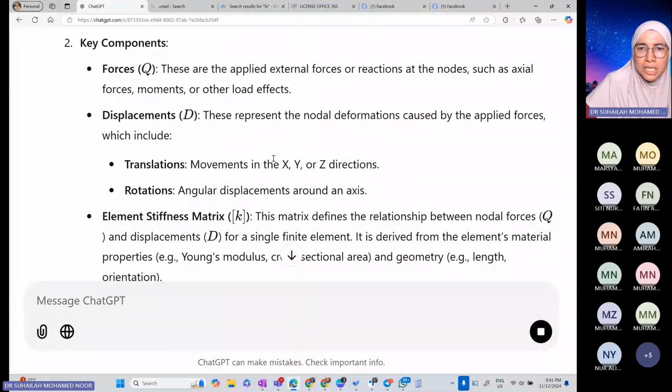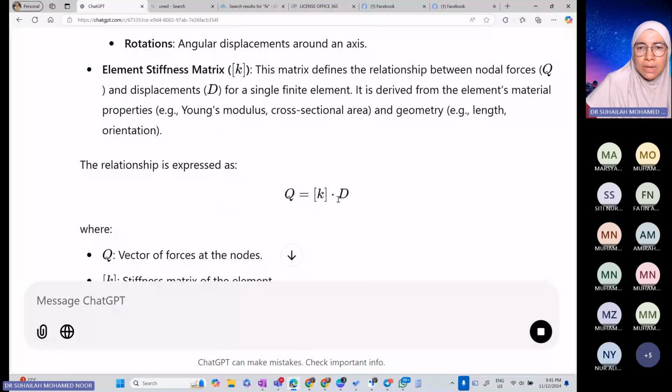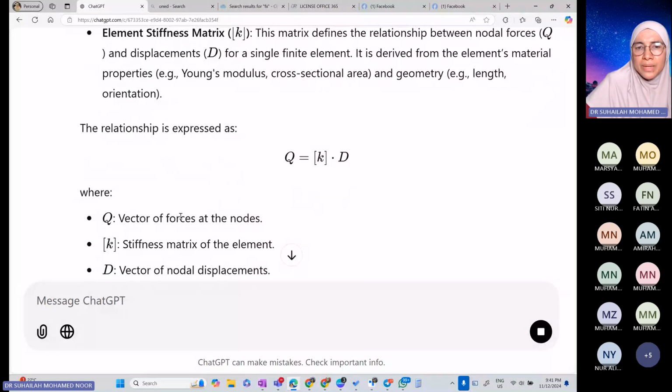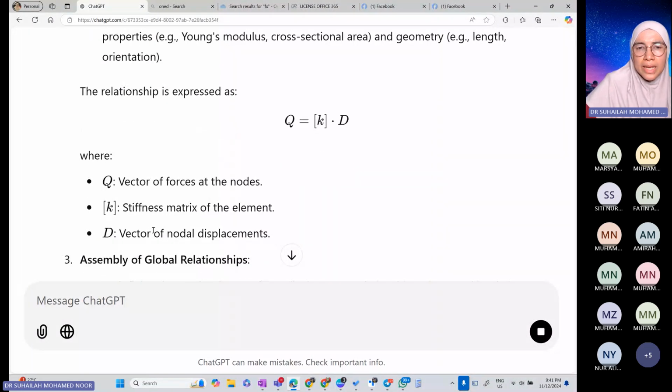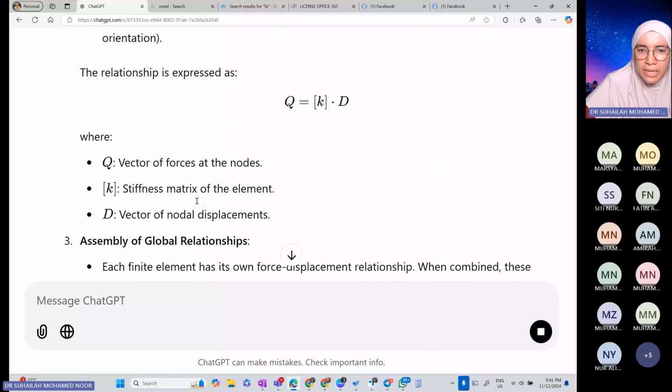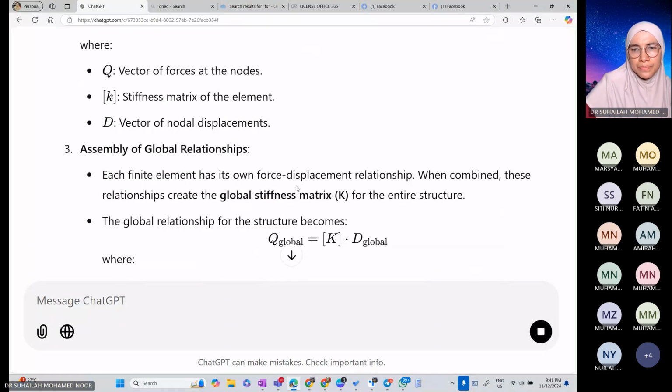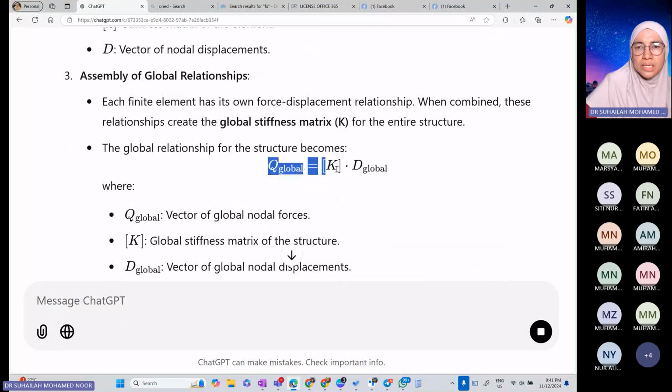So, kita dapat kat sini Q is equal to KD. What is Q? Q is forces at node. K is stiffness matrix. D is displacement. Okay, so this is the formula we will use as stiffness equation. So we will use this to solve for displacement. We will use this to solve for forces.